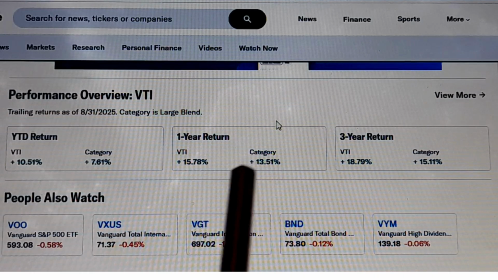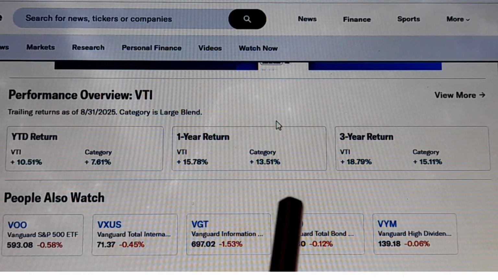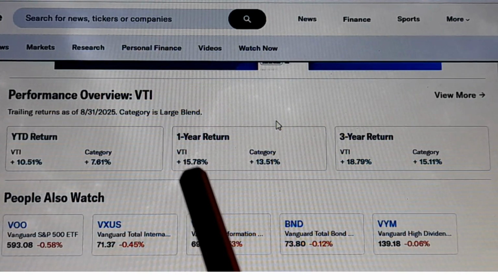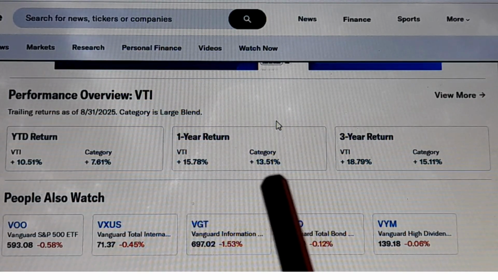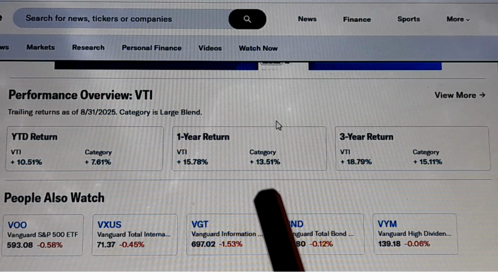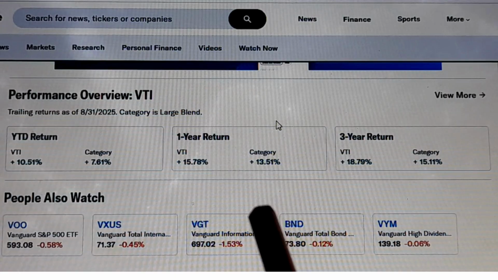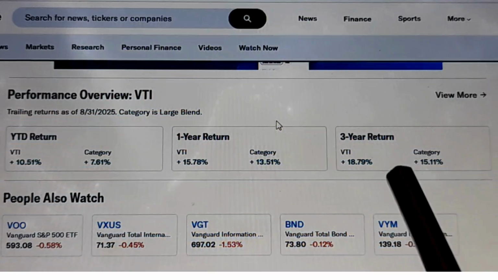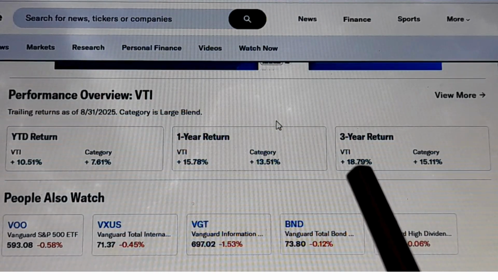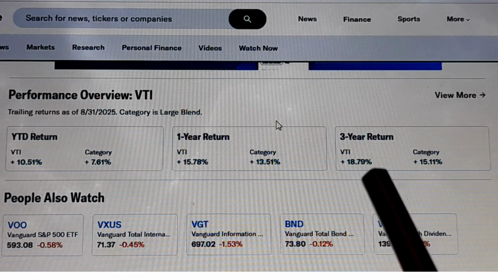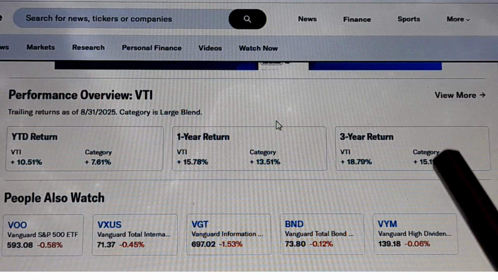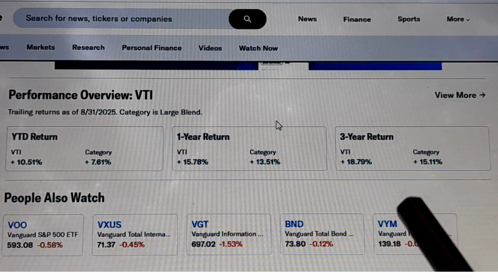The 1 year return is like 12 months back. Here you see that VTI is also performing well. You see 15.78%, and for similar funds in the same category, large blend, it is 13.51%. Then you get to the 3-year return, and VTI is also performing, it is 18.79%, and for funds in the similar category, it's 15.11%.